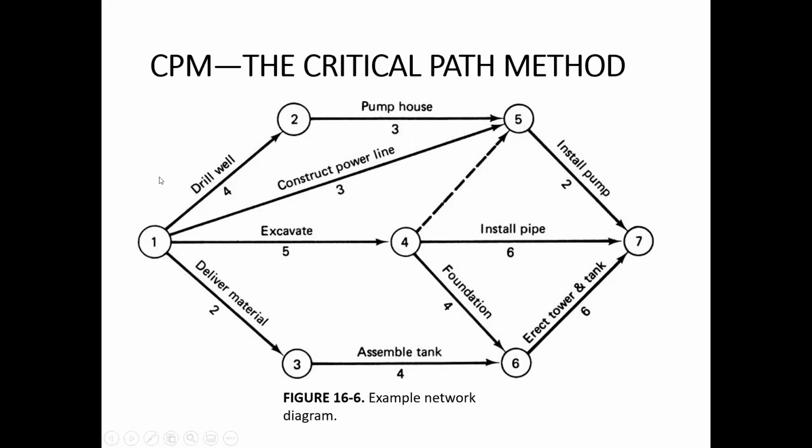You can see certain arrows, and at the end of each arrow there are circles. The beginning event of this activity, drilling the well, starts from event 1 and finishes at event 2.